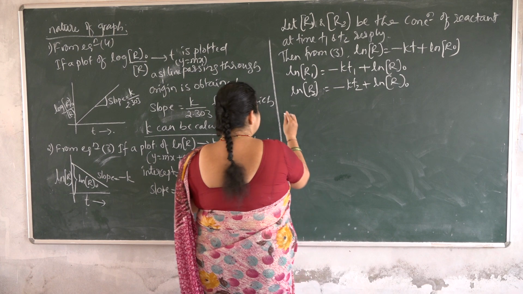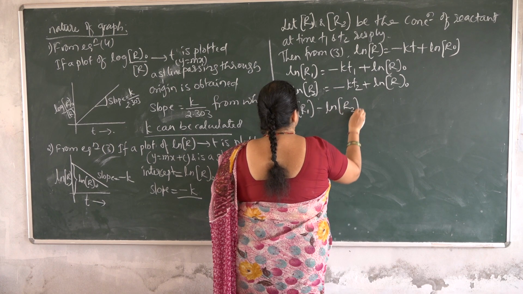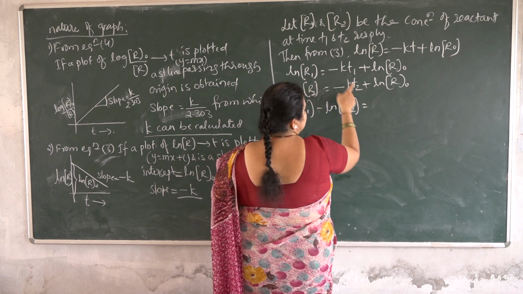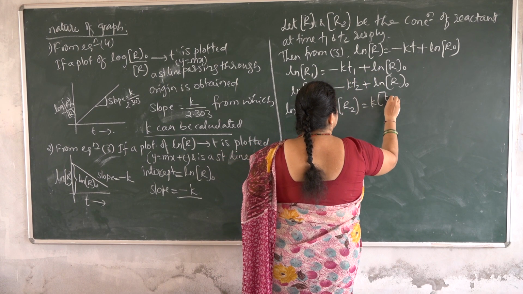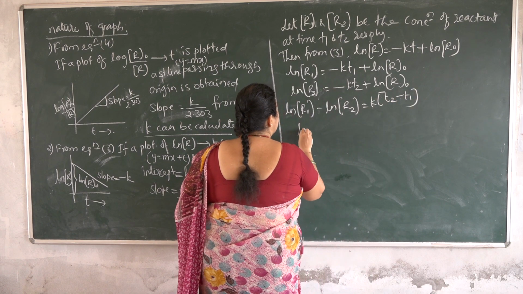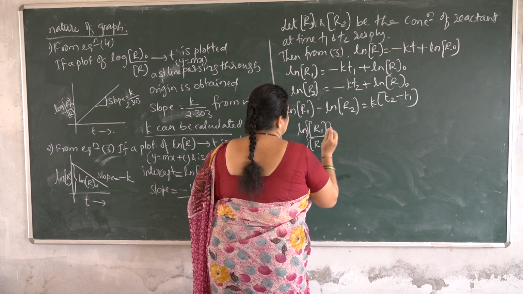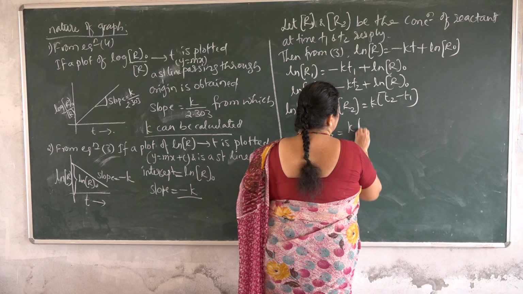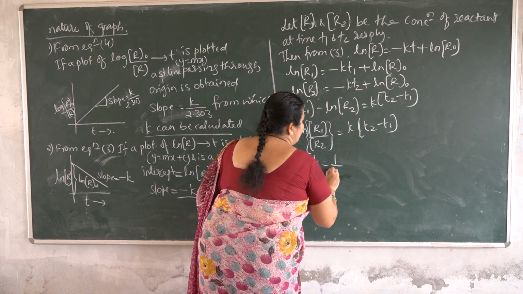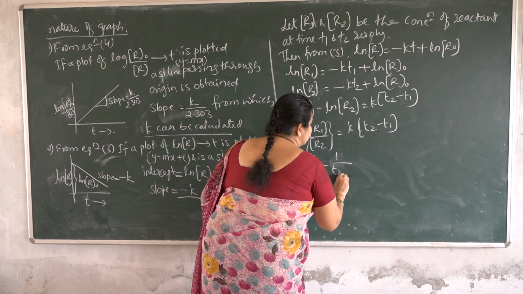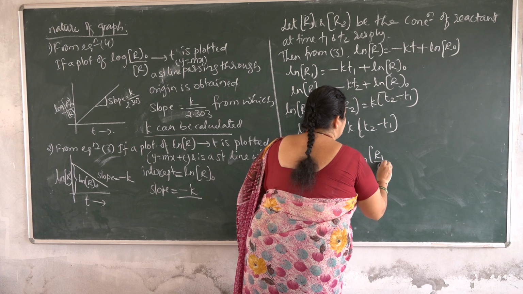Now ln R1 minus ln R2 is equal to, so the ln R naught terms cancel, k into bracket t2 minus t1, or ln of R1 divided by R2 is equal to k into bracket t2 minus t1, or k is equal to 1 by t2 minus t1 into ln R1 divided by R2.